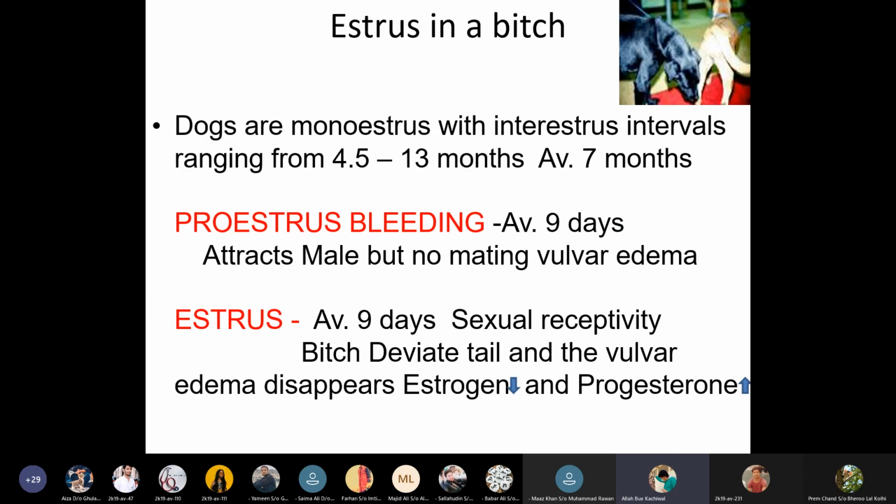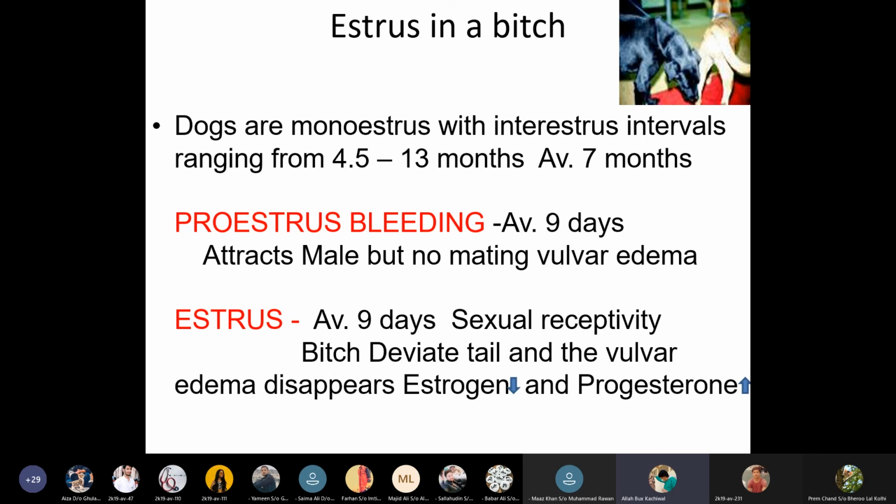Estrus in the bitches: dogs are monoestrus, with interestrus intervals ranging from 4.1 to 13 months, or 7 months on average. The proestrus bleeding, which lasts about 9 days on average, attracts the males, but no mating occurs, and vulvar edema is observed.